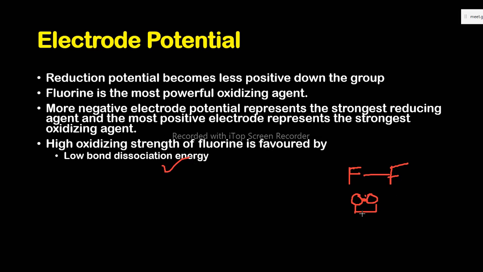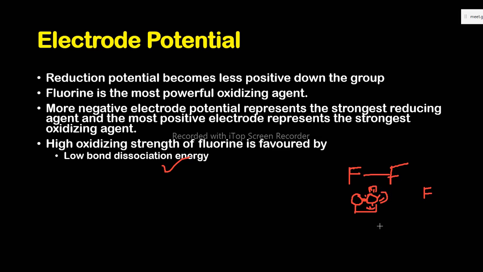These small atoms have high electron density. Remember fluorine has 7 electrons in the outermost shell, so you have used just one. You remain with a lone pair, another lone pair, and another lone pair of electrons.